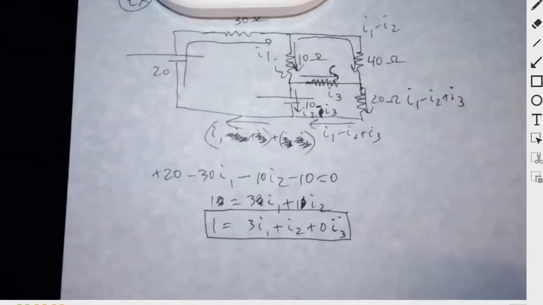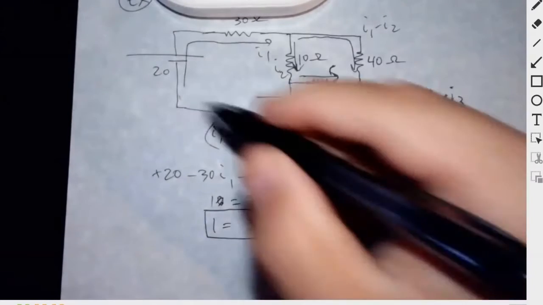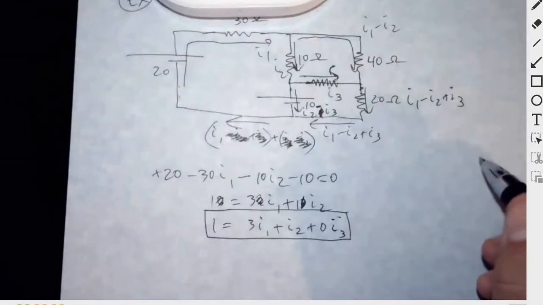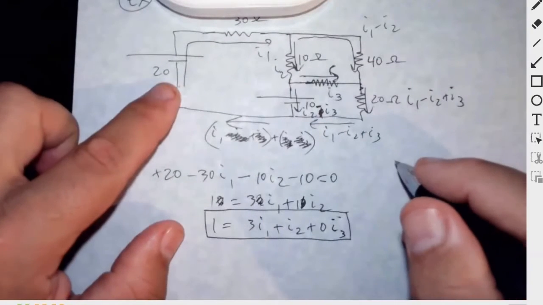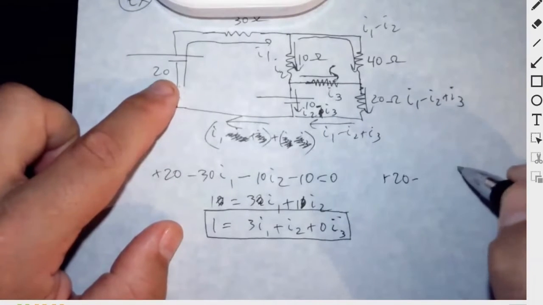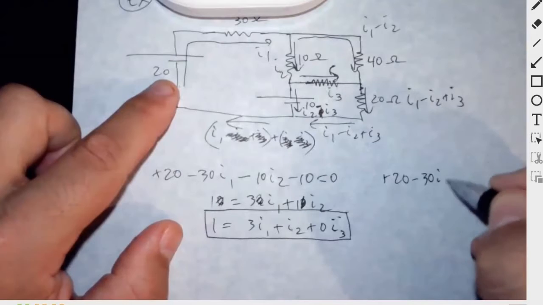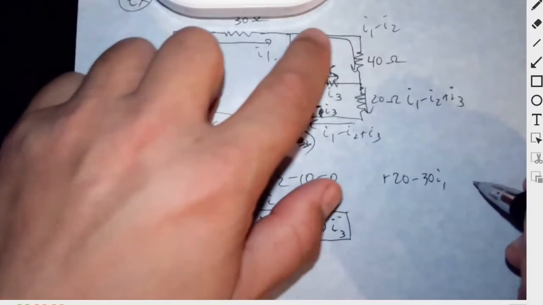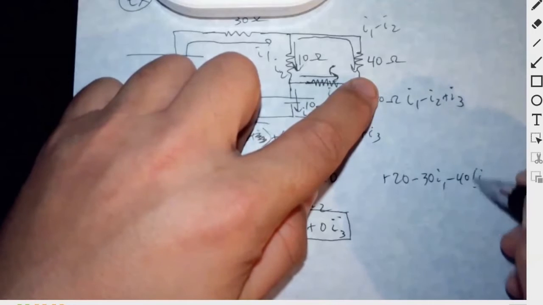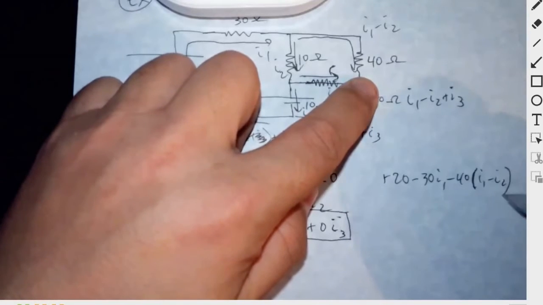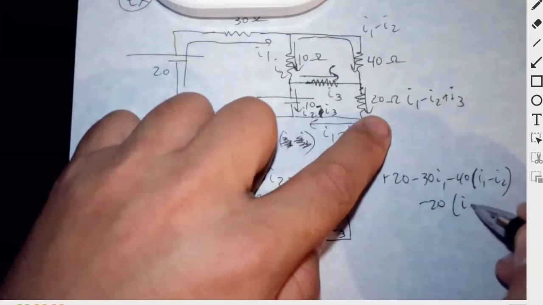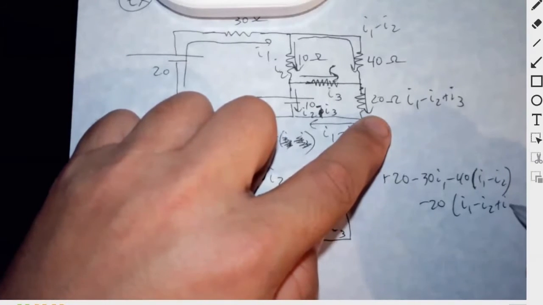Okay, and then the next one, I can do the whole thing. That's going to be good here. Let's see. 20 minus 30 I1, that's this one. Then you go down, negative 40 times I1 minus I2, negative 20 times I1 minus I2 plus I3.